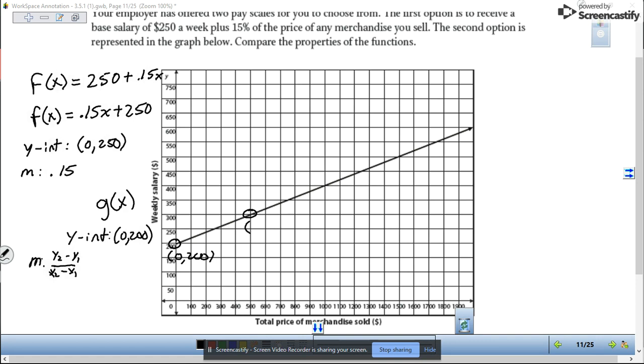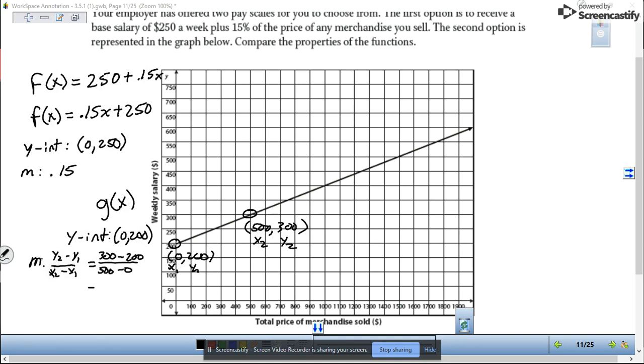The second point we have here is (500, 300). All right, so x1, y1, x2, y2. All right, so here we go. We would do 300 minus 200 over 500 minus 0.